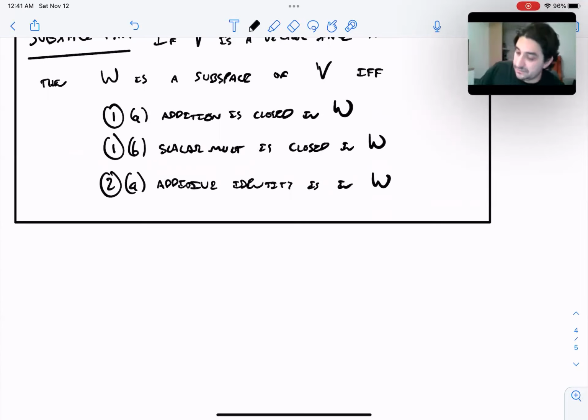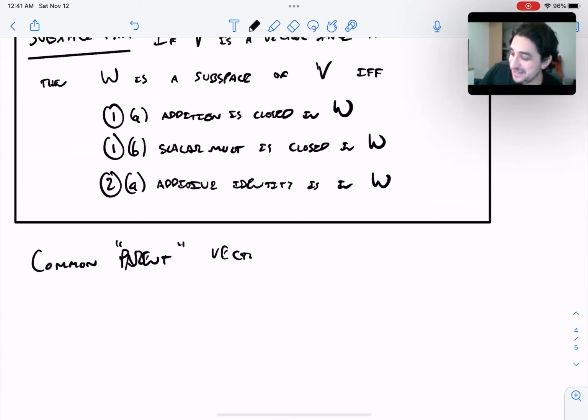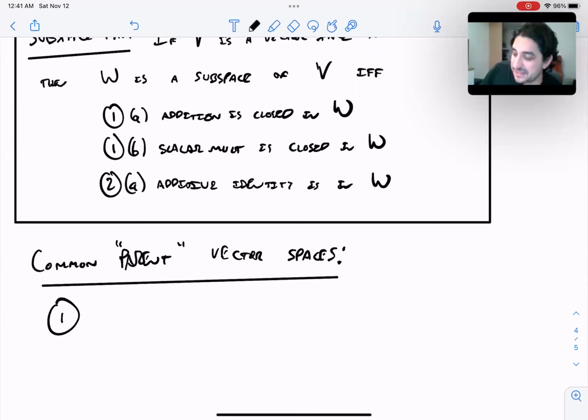Of course, you can't use this unless you have some common parent vector spaces to work with. What are things that often get chosen for V? Probably the most common one is the one we already discussed.